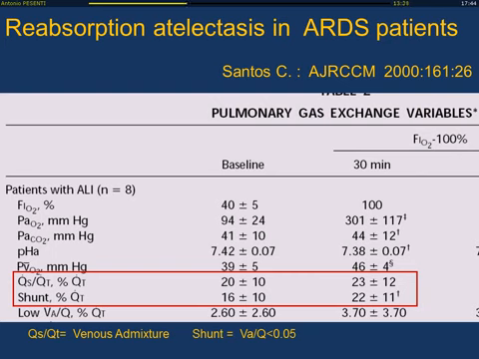We often forget about the possibility of reabsorption atelectasis. At high FiO2s, a lot of oxygen is extracted from the alveoli in presence of very little nitrogen. So the alveoli decrease in volume because the oxygen is brought out by the blood flow.